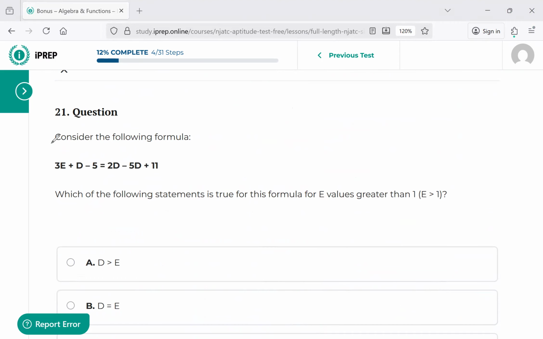Let's do 21. Consider the following formula: 3e plus d minus 5 equals 2d minus 5d plus g. Which of the following is true for the formula for e values greater than 1? Oh, okay. So this is pretty straightforward. What I would do is solve for d and then graph it.